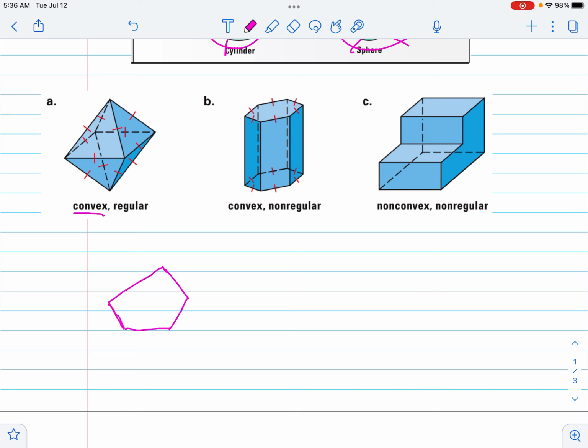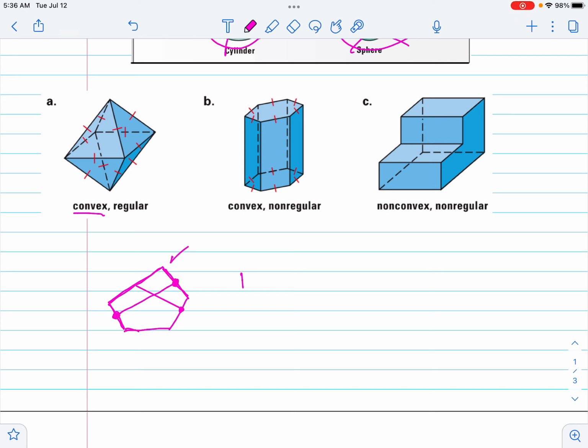Well, remember, for a polygon, in the case of this pentagon here, it means that if you pick any 2 points on this pentagon, if you can connect them without going outside the polygon, if you can do that for any 2 points, then we say that the polygon is convex. So this is a convex polygon.